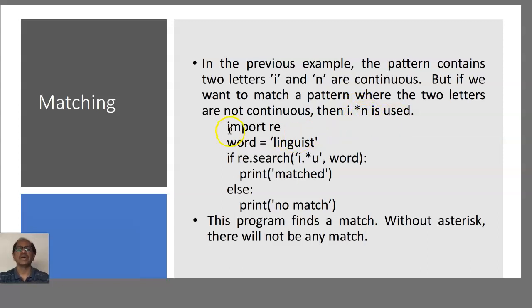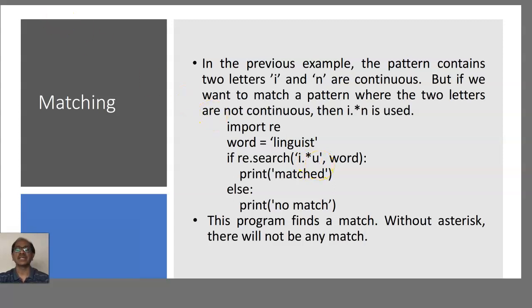For example, if you change the earlier program this way, where we want I and U which are not continuous, and they are checked here, then it should say matched. So star is used to say that there are letters in between the two letters in the match, that is I and U.